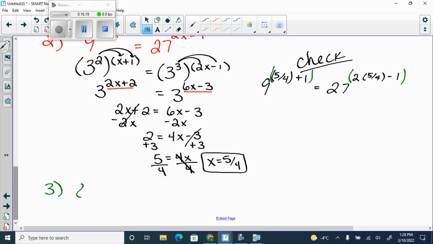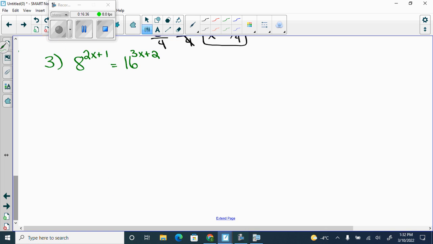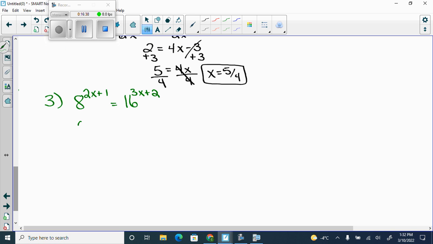You're going to try this one out yourself. 8 to the 2x plus 1 equals 16 to the 3x plus 2. Okay, so we're going to get 8 is 2 to the 3, to the 2x plus 1, and 16 is 2 to the 4, to the 3x plus 2.